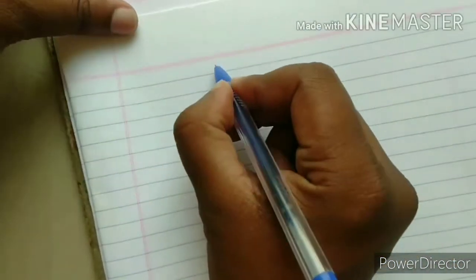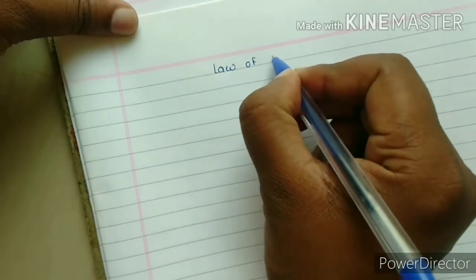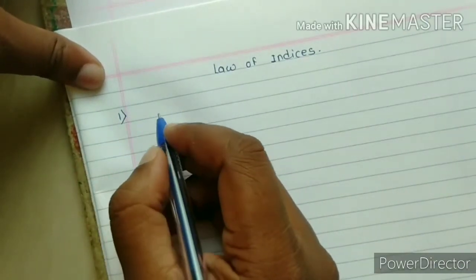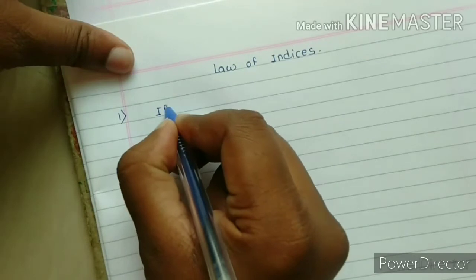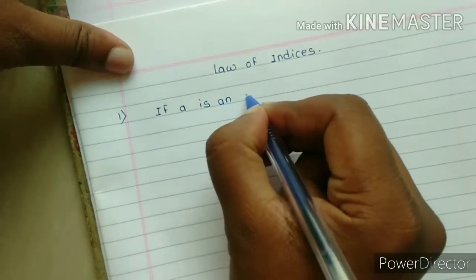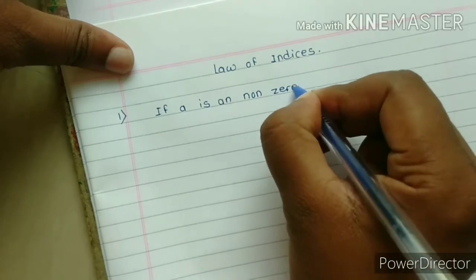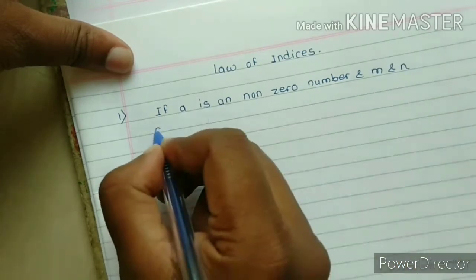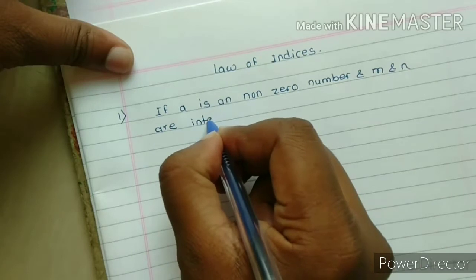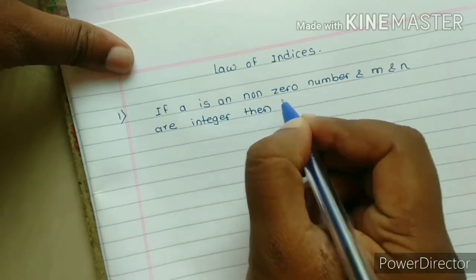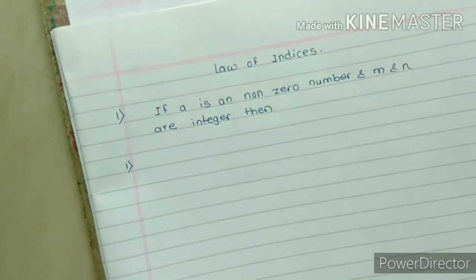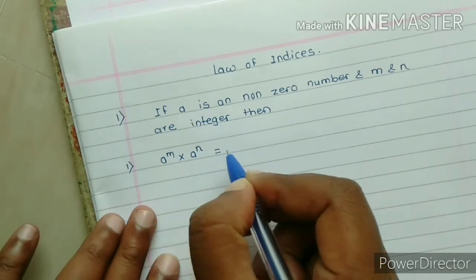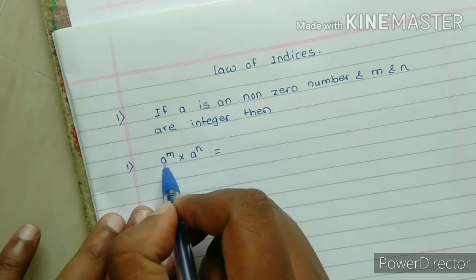Law of indices. First law: if a is a non-zero number and m and n are integers, then the first law we have seen: a^m into a^n is equal to, means multiplication of indices with the same base.